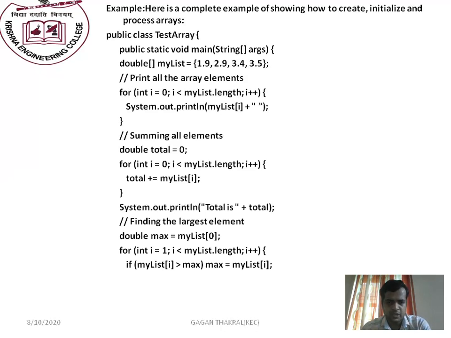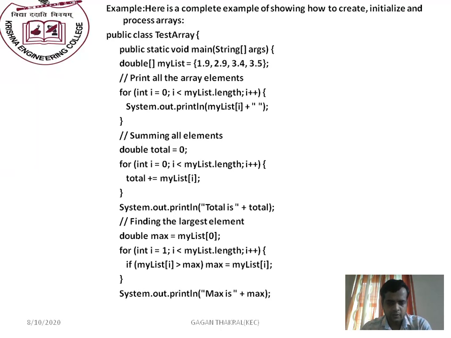Now we again run the loop for traversing all the values of the array. If myList[i] is greater than max, we will check for index 1. If the value of the array at index 1 is greater than max, then we will assign the value of index 1 to max. This is done in the loop for all the elements of the array, and it will automatically find the maximum element of the array.